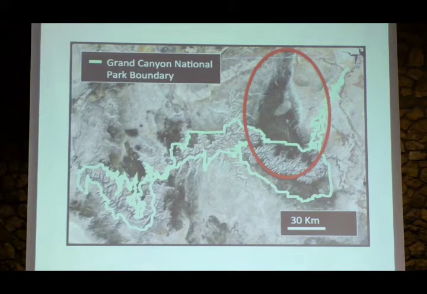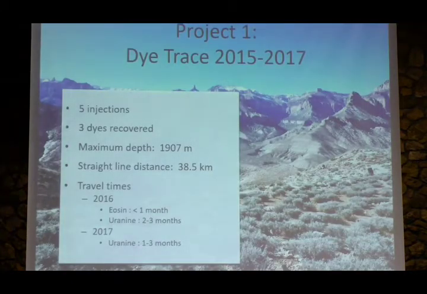So most of our research focuses on this region, and a big project we had between 2015 and 2017 was the dye trace project. This project was one of the largest dye traces ever attempted. We had 5 injection sites into sinkholes. We had 3 dyes recovered. The maximum depth from sinkhole to where the dye was received was almost 200 meters.